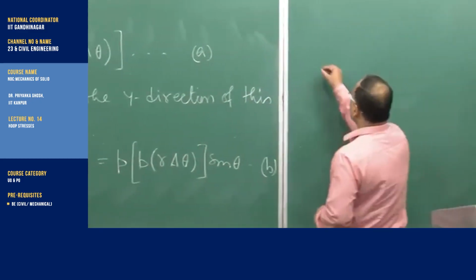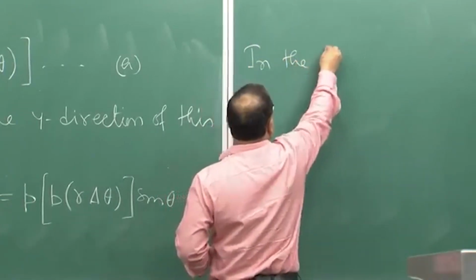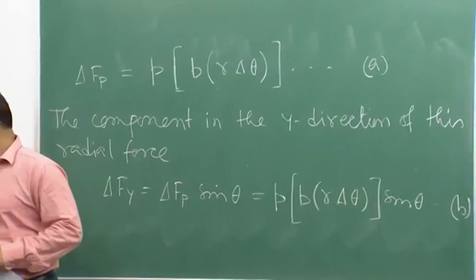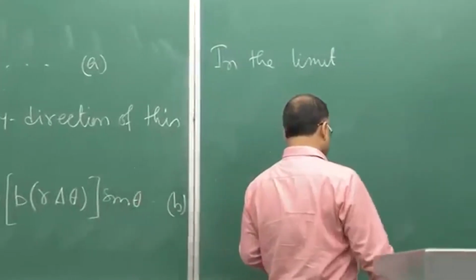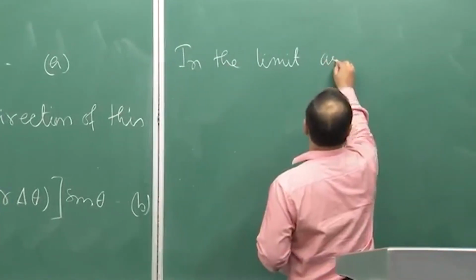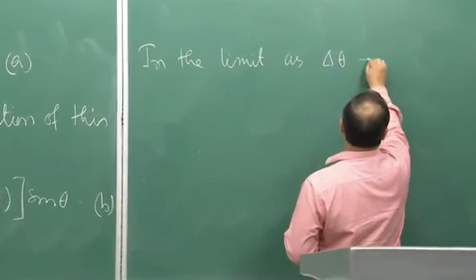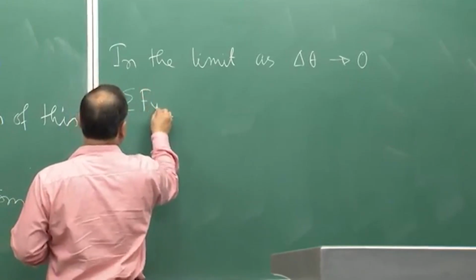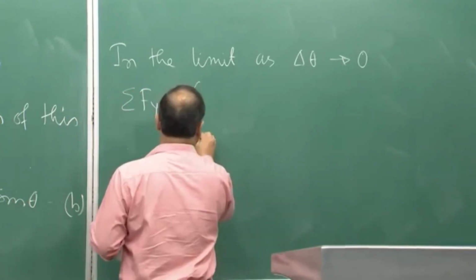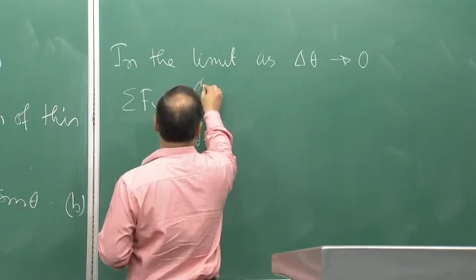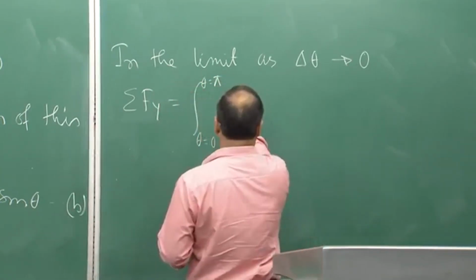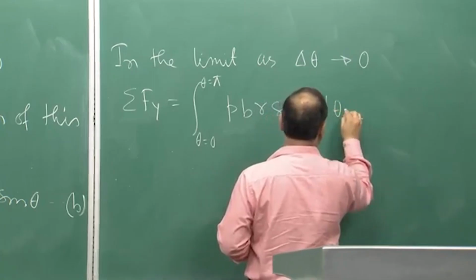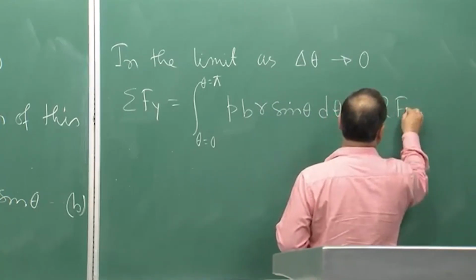Okay. So, therefore, further we can write in the limit as delta theta tends to 0, I can simply write summation of Fy equal to integral from theta equal to 0 to pi of p b r sin theta d theta minus twice Ft.